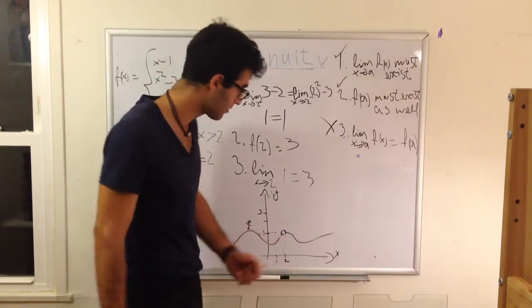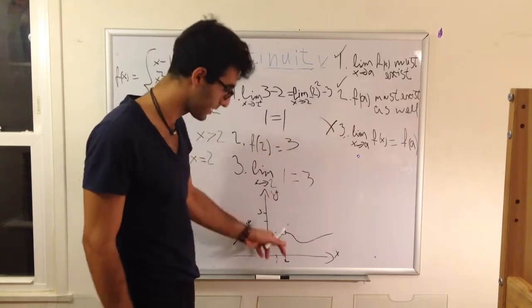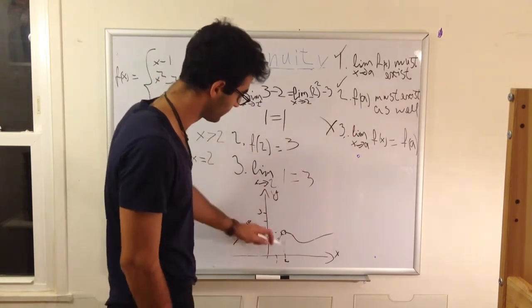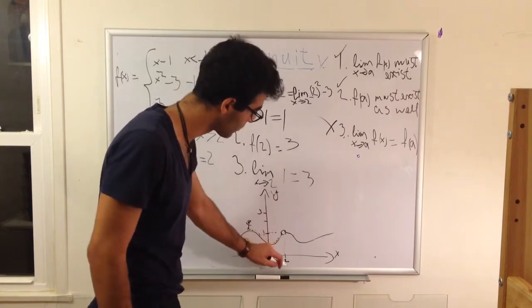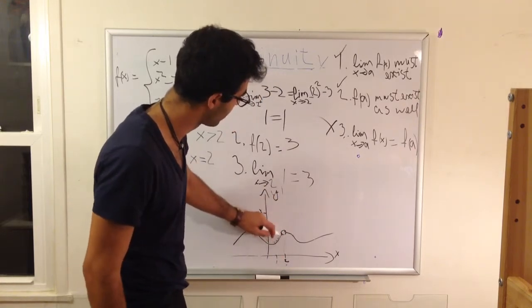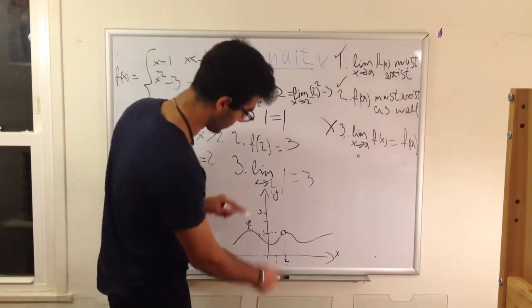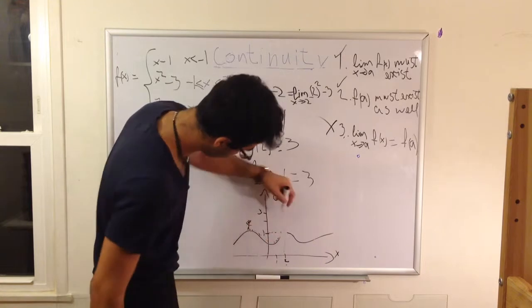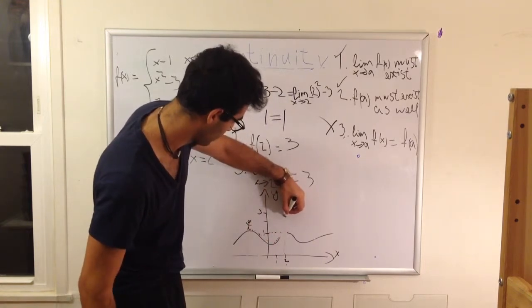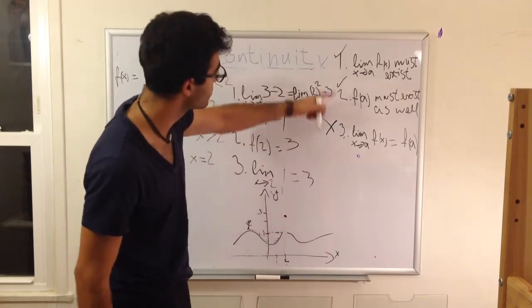It's simply missing. So it must exist, and here it says it must exist. Where it doesn't exist, it would pretty much be a vertical asymptote, and the graph could go up or down, but that's another story. So in our case, we have a 3 here, and here we have the 1. That was the first and second condition.